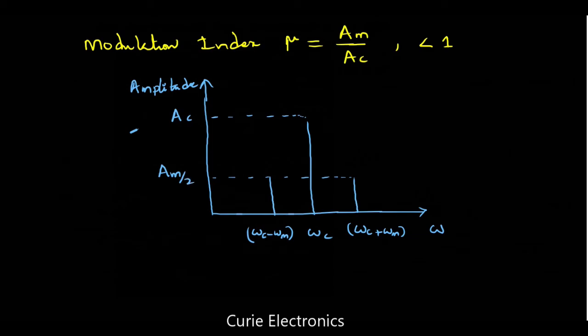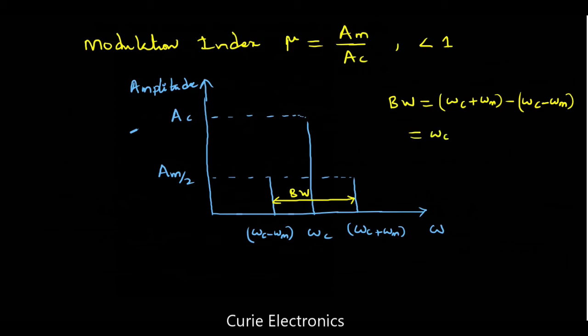Now what is the bandwidth of this? This is the bandwidth of AM. What is the value of bandwidth? Bandwidth equals (ωc + ωm) minus (ωc − ωm).